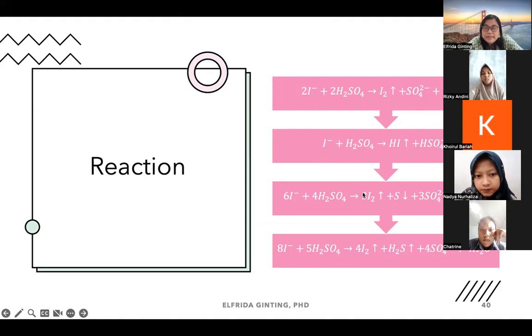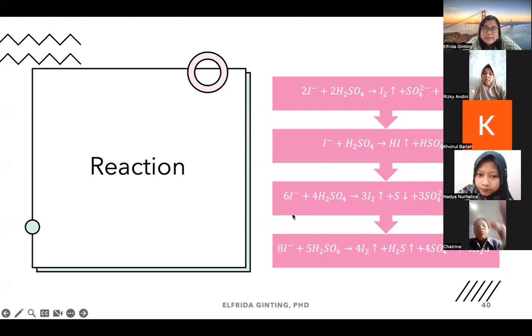But for this higher concentration of sulfuric acid, you can see 3 moles of iodine gas will be formed. And adding to that, for this case, sulfate ion is forming. But for a higher concentration of sulfuric acid, you can see a sulfur precipitate will appear in this reaction.